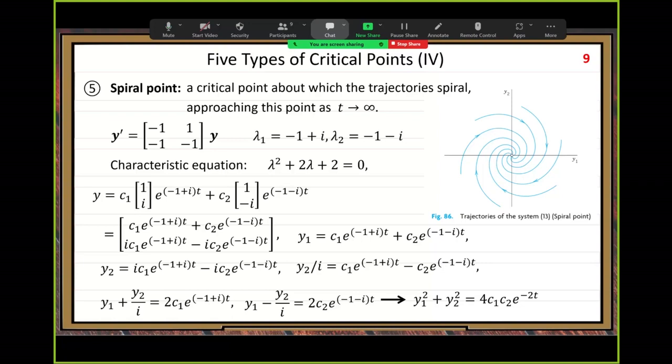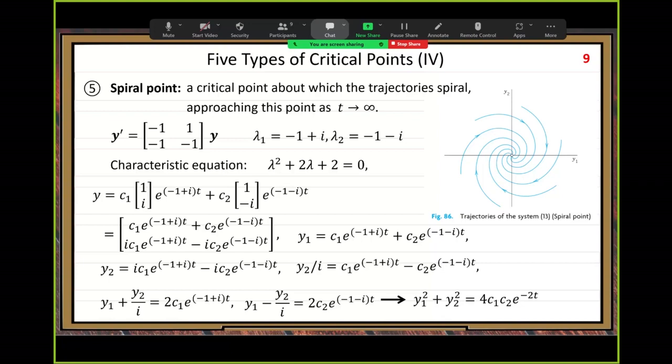Then, when you change t from negative infinity to positive infinity, where it's positive, this is 0. Here you can see the radius keeps shrinking, and at the end the radius becomes 0, so you get to the origin, the critical point.